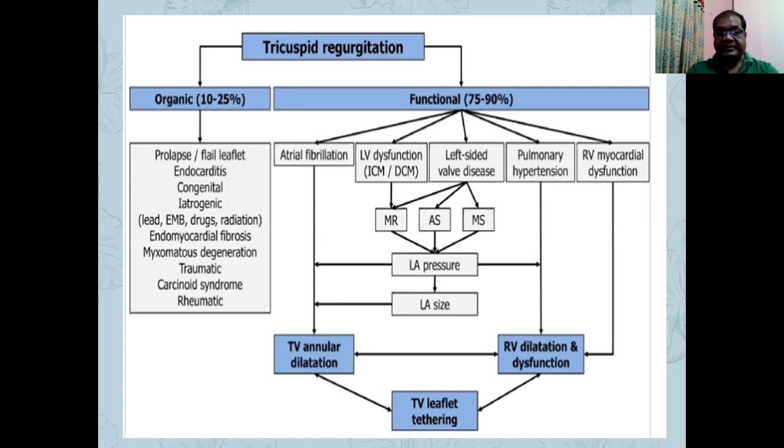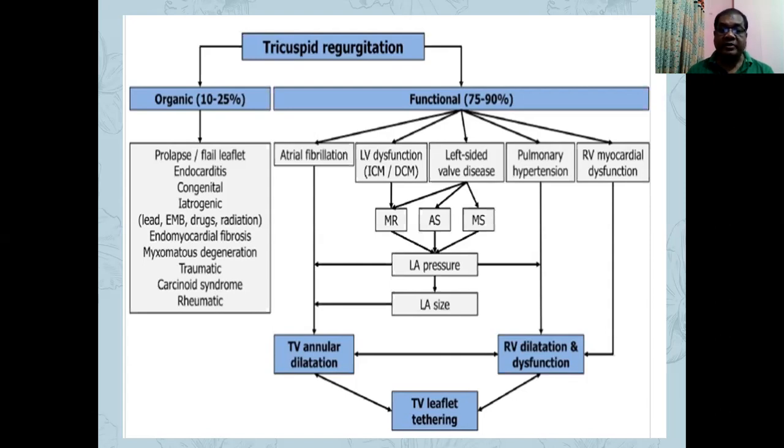In rheumatic fever and rheumatic diseases, the tricuspid valve is least affected. Functional causes comprise about 75 to 90% of the causes of tricuspid regurgitation, and this may be due to different causes like LV dysfunction, such as ICM, that is ischemic cardiomyopathy, or dilated cardiomyopathy; left-sided heart disease causing mitral regurgitation, aortic stenosis or mitral stenosis; pulmonary hypertension due to any cause; right ventricular myocardial dysfunction due to any cause; and atrial fibrillation.